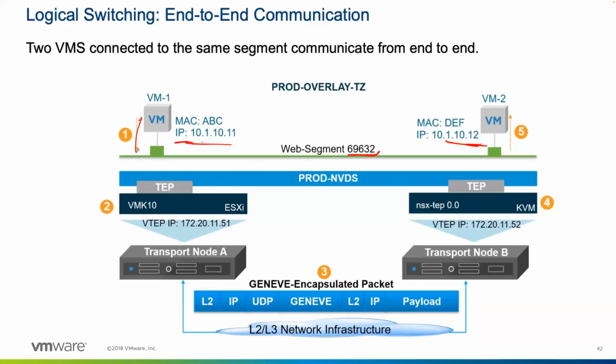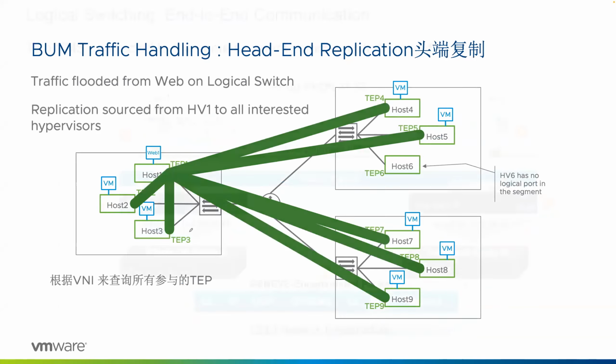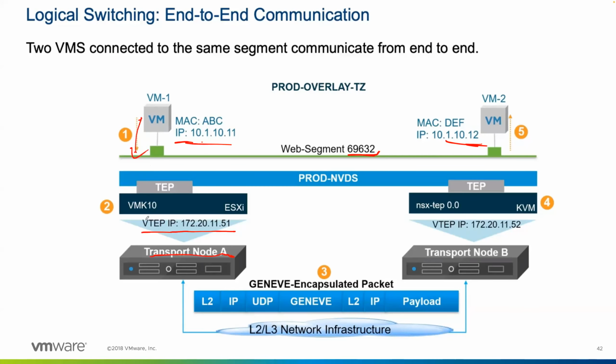The packet is sent out from the VM, and here is transport node A. Transport node A has a VTEP IP.